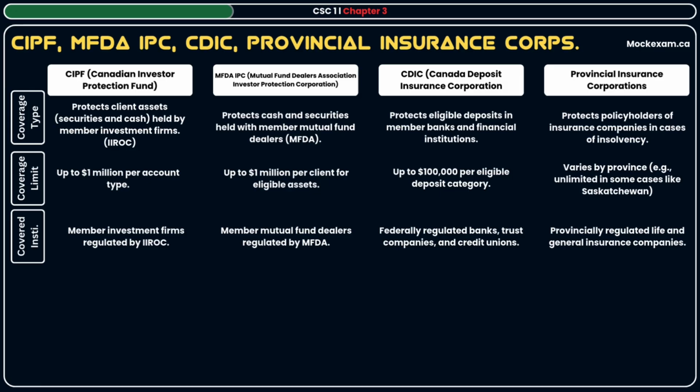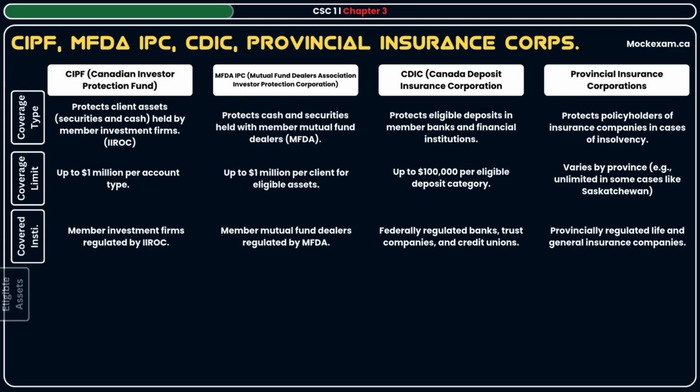If that financial institution is, for example, a bank and federally regulated, the CDIC will take care of the money in case of insolvency. If something happens to insurance companies, the provincial insurance corporations will take care of that.